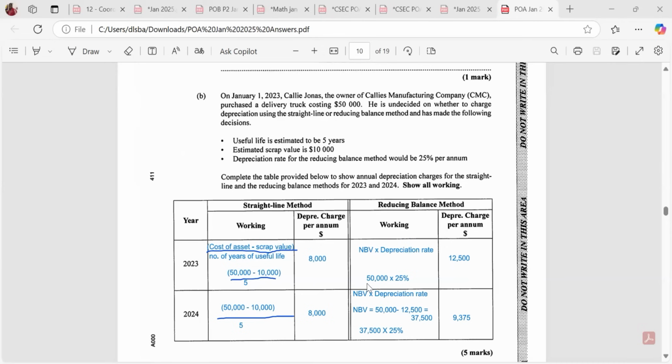So it would have been 50,000 multiplied by the depreciation rate of 25%, which is 12,500. In the second year, it would have had depreciation. So you have to calculate a new net book value, which would be 50,000 minus that 12,500, which is how we got to the 37,500, by 25%. Boom, 9,375. That is 5 marks.